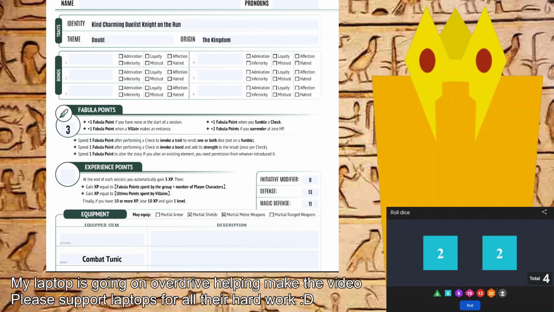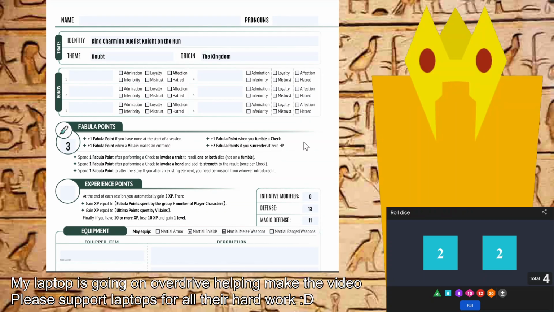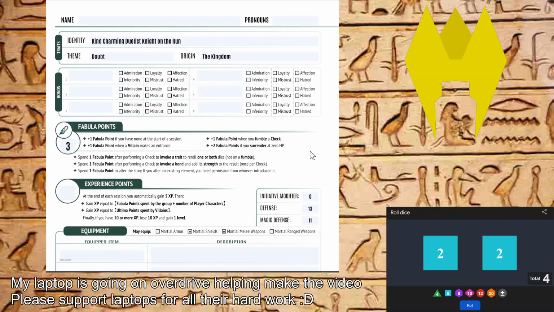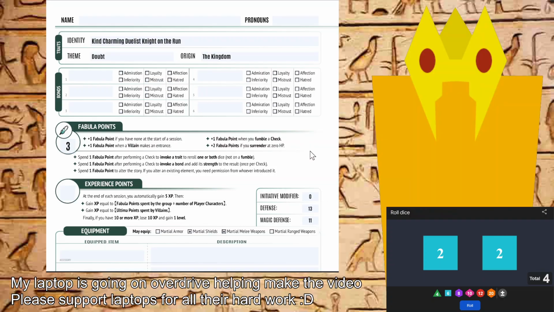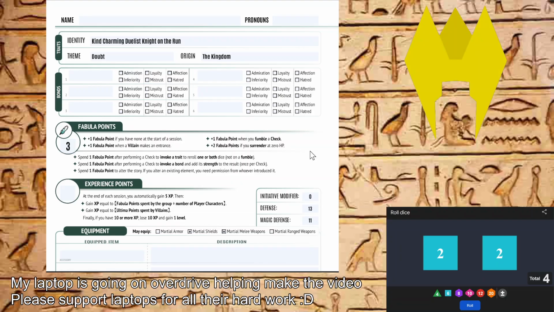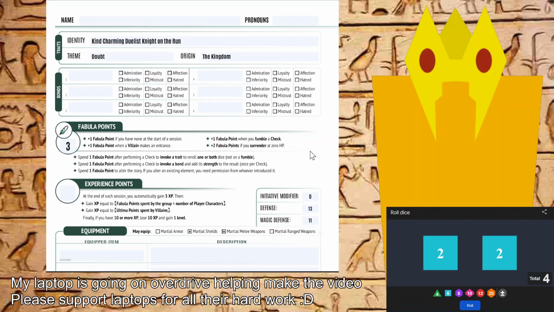And now for our name and pronouns. I could easily choose one of these names that are in character names right here in alphabetical order, right? I could easily do that.